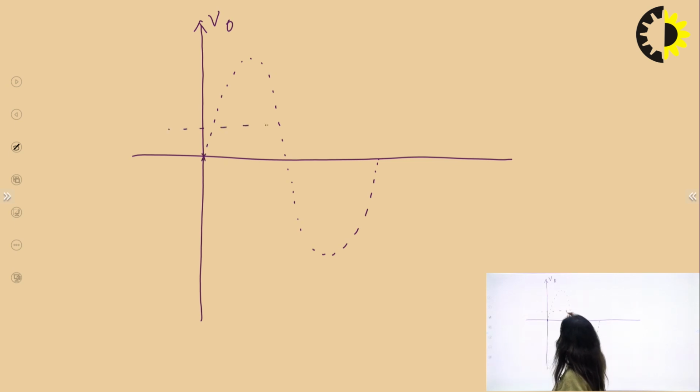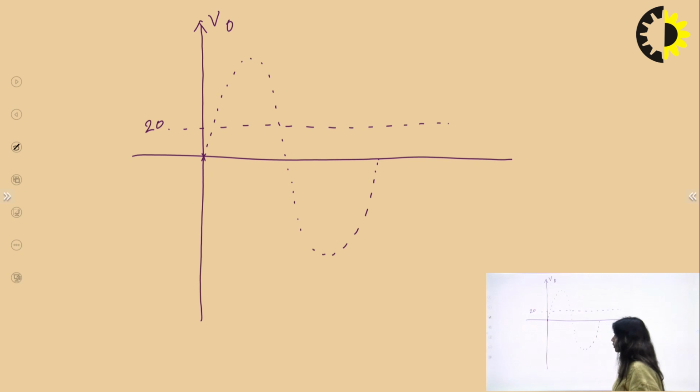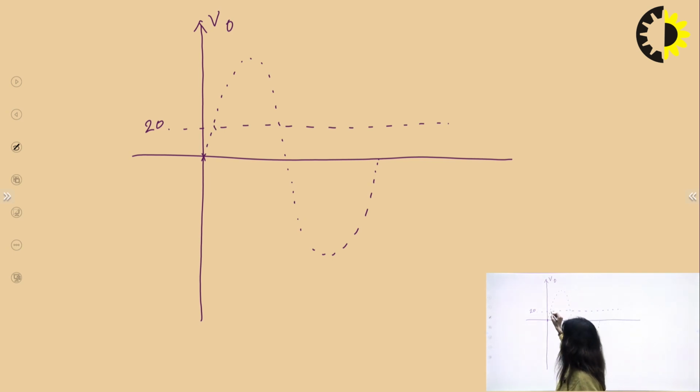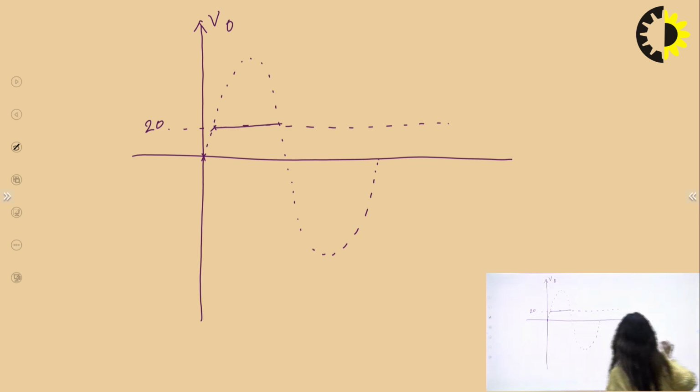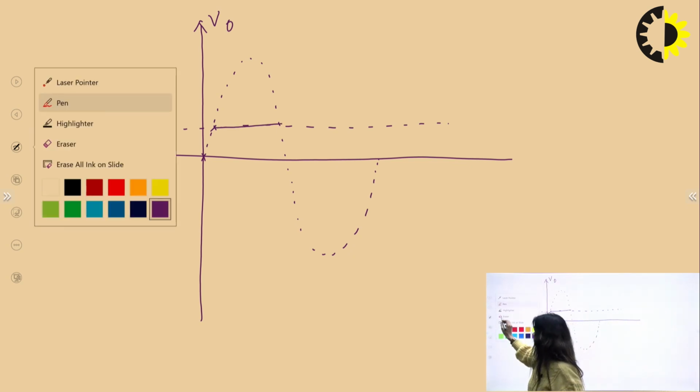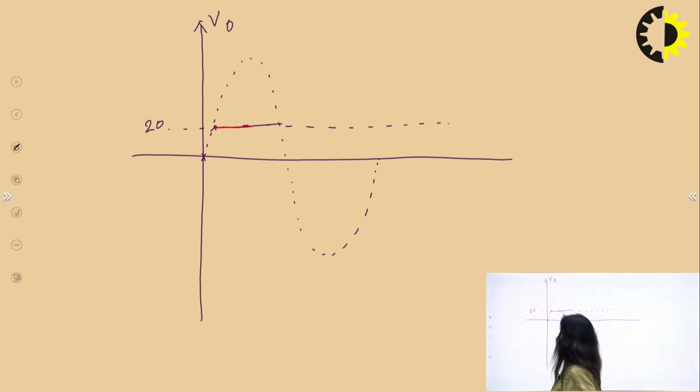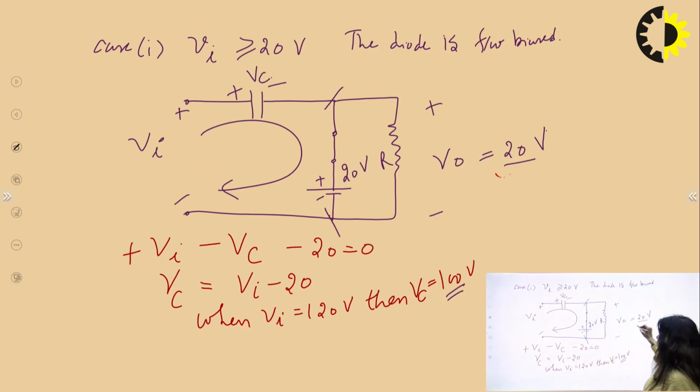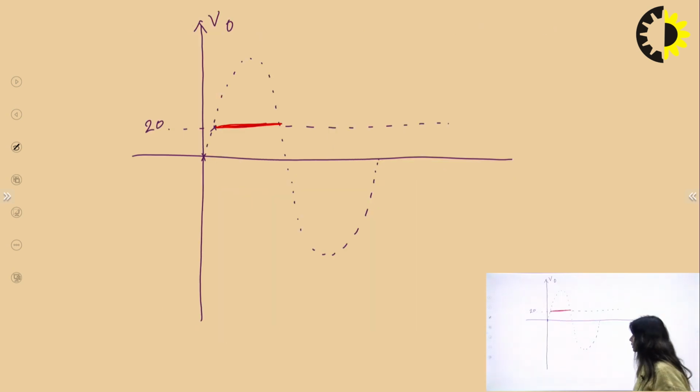We will mark one line of 20 volts. For this particular part of the waveform, the output voltage is a constant 20 volts, as we have calculated. Now, for this part, we have calculated the voltage is at minus 220.